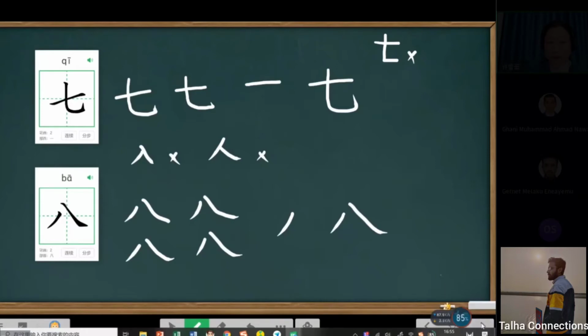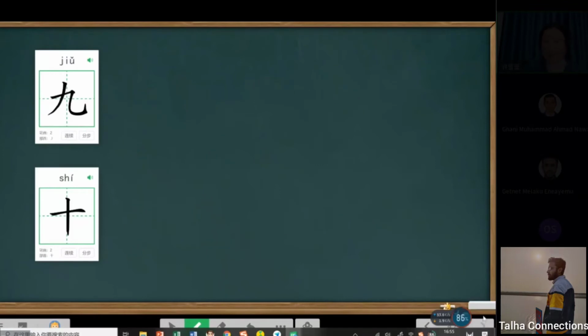Now we have 2 more. 9, there are 2 strokes. Also, pay attention to this one. You write this one at a time as 1 stroke. During writing it, you do not raise your pen to start one more time. Look.